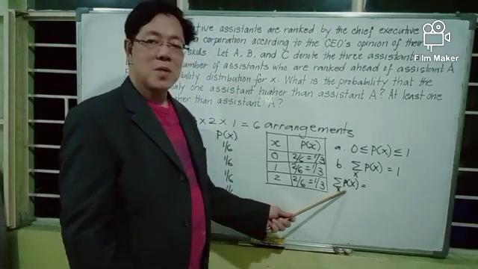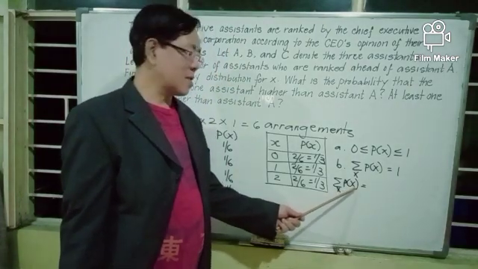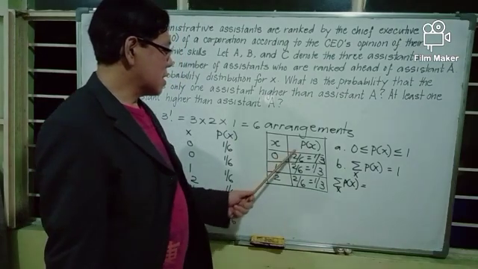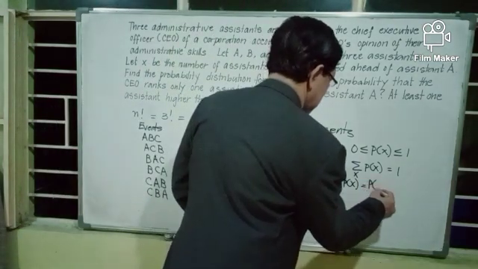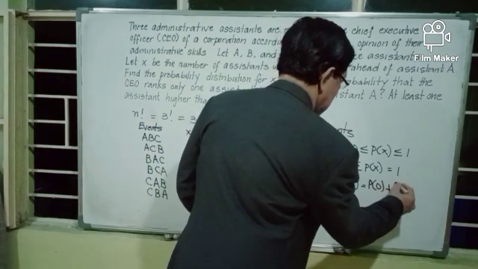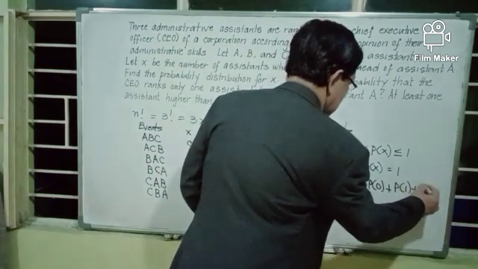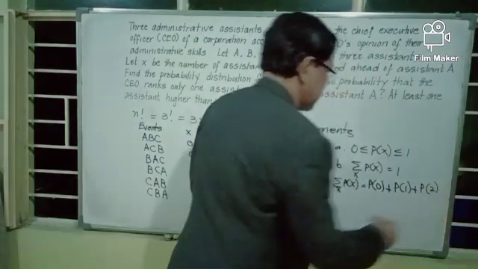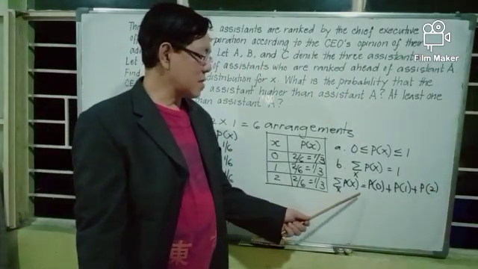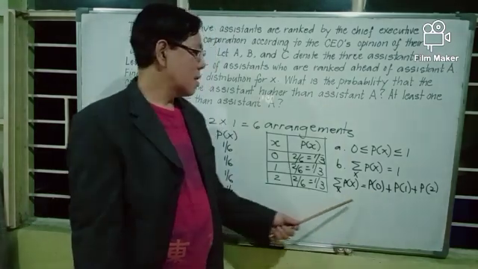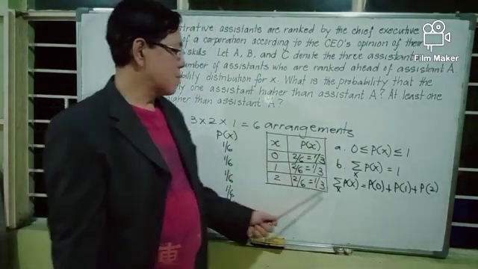The summation of these probabilities P of x equals probability x is 0.